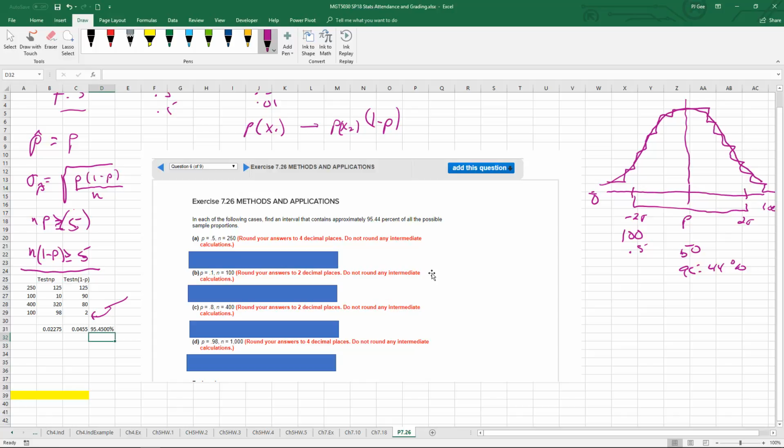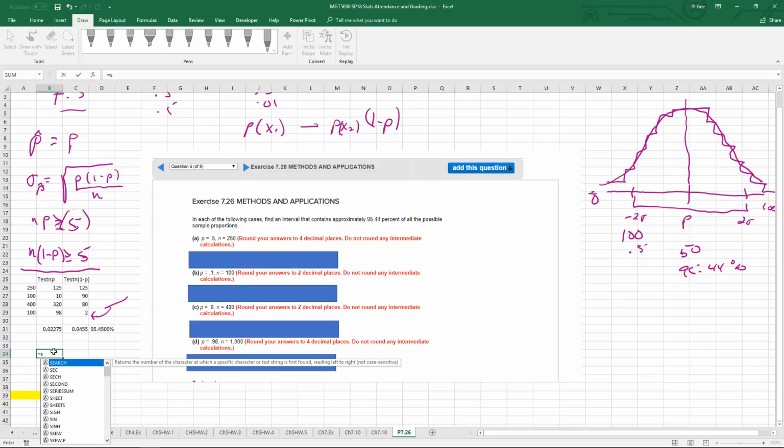It's going to be equal to the entire square root of something, and that is going to be p times 1 minus p. So that's going to be 0.5 times 1 minus 0.5, that over 250, which is our n.